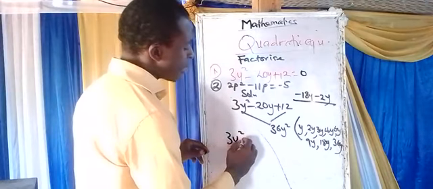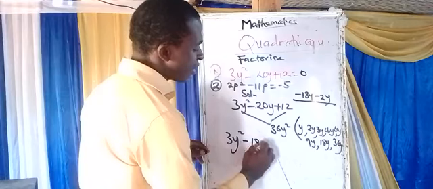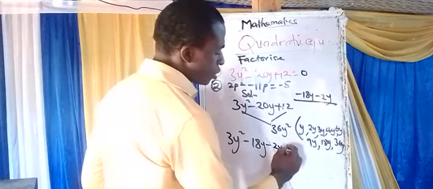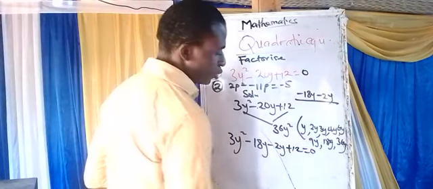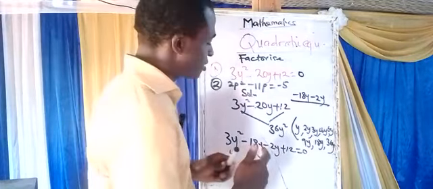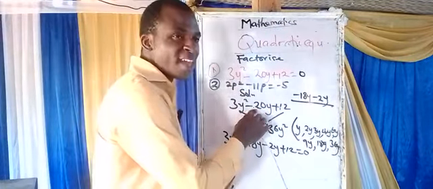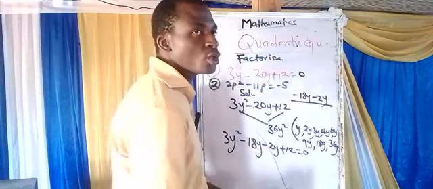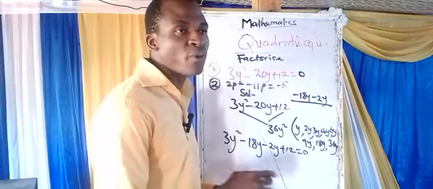We are going to say x squared minus 18y minus 2y plus 12 equal to 0. Can you see that? What we have done is that we have substituted minus 20y with an equivalent term, minus 18y minus 2y. It is the equivalent form we are using.